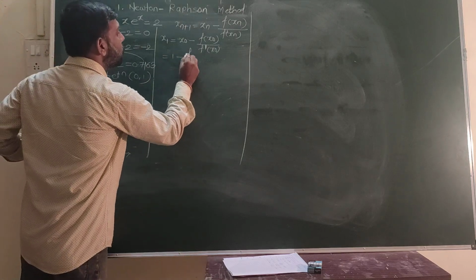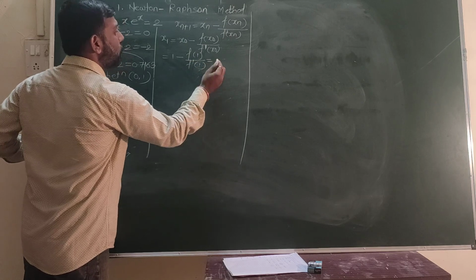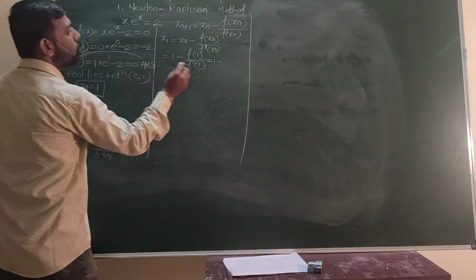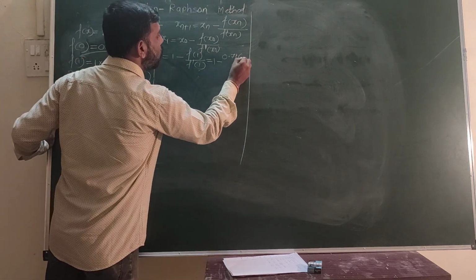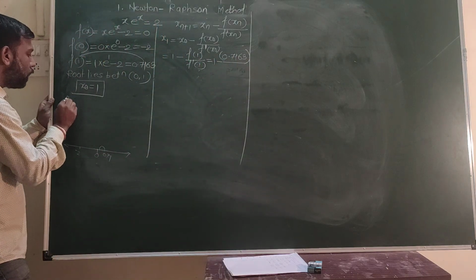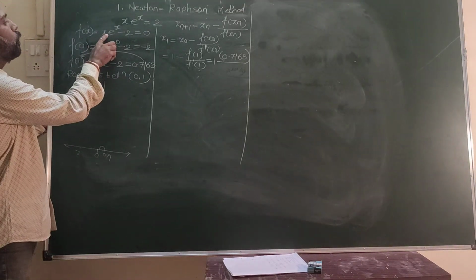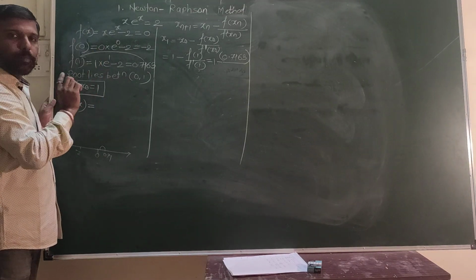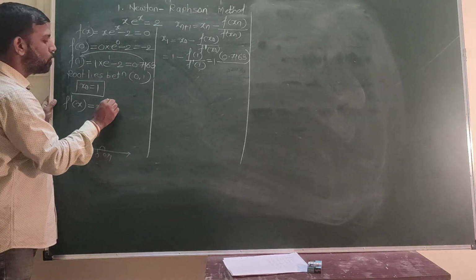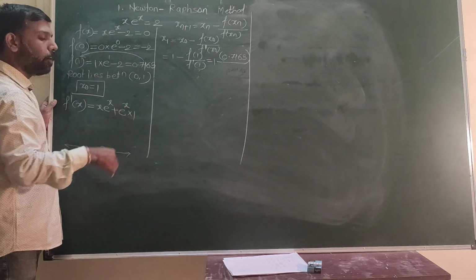So 1 minus f of 1 upon f dash of 1. 1 minus f of 1, the value we already have, 0.7163, upon, now next we require f dash of 1. So for that, first find the derivative of this expression. The u into v formula will be implemented: first function as it is, derivative of the second, plus second function as it is, derivative of the first.